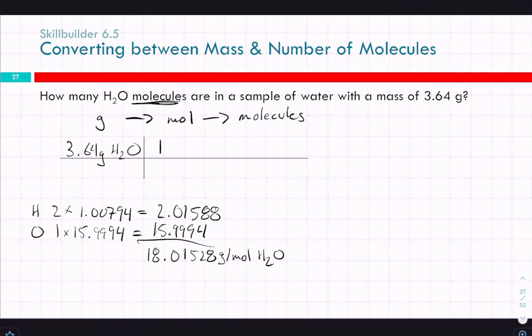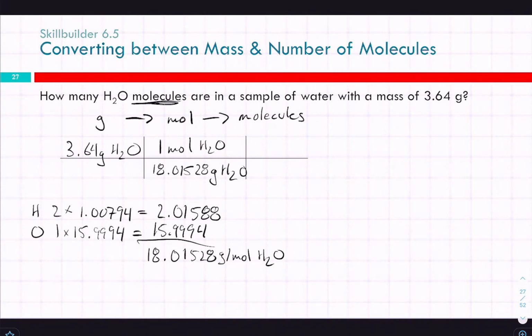And then the same thing that we've been doing. So 1 mole of water on top, 18.01528 grams of H2O on the bottom. Then how do we get from moles to molecules?